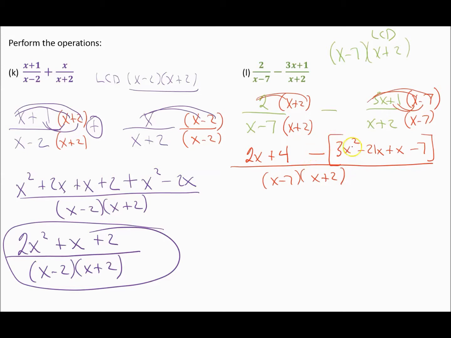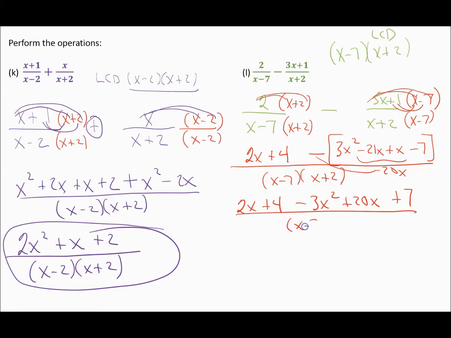Now I'm going to distribute this minus inside as well as add these like terms. So I have 2x plus 4 minus 3x squared because of the negative. Now this minus 21x and plus x is a minus 20x. But when I distribute this negative inside, that's going to make that a plus 20x. And this negative times this negative 7 is plus 7.